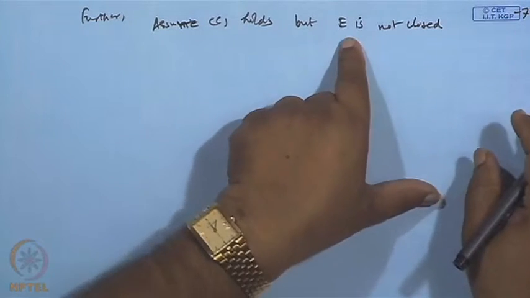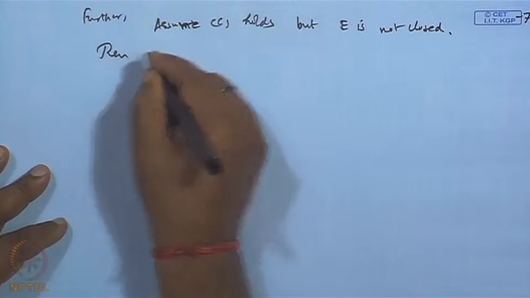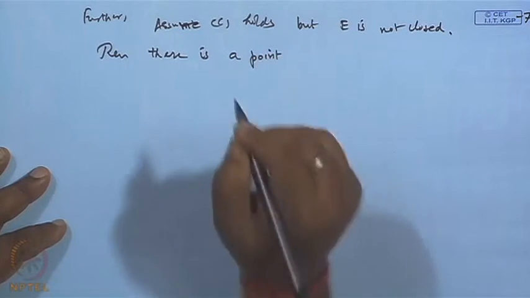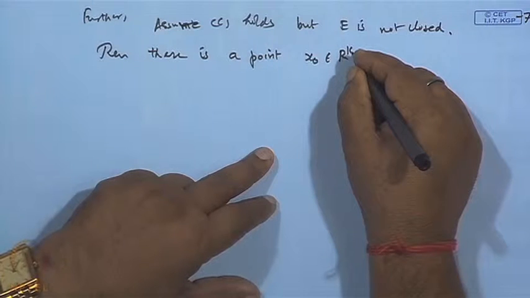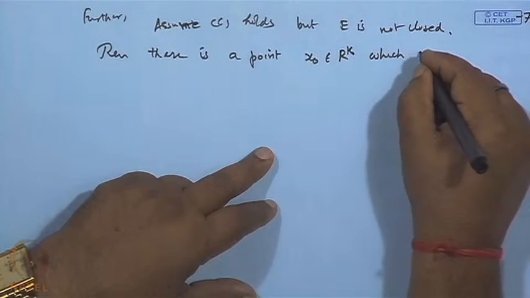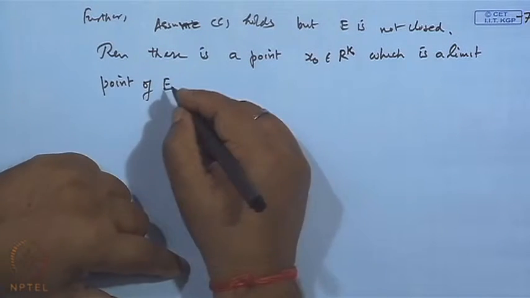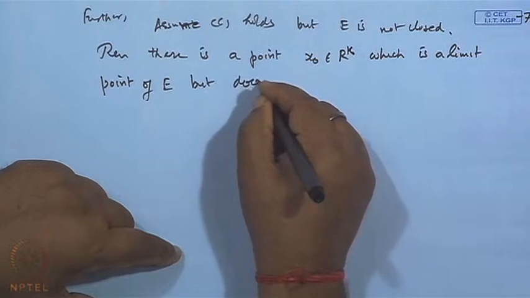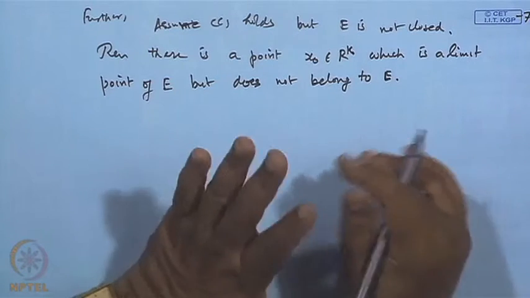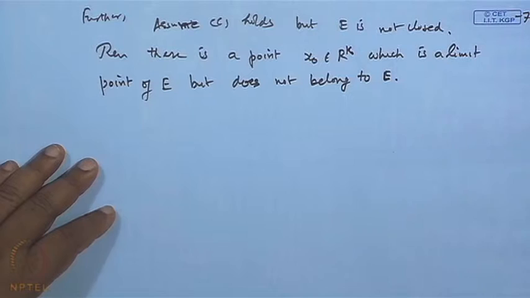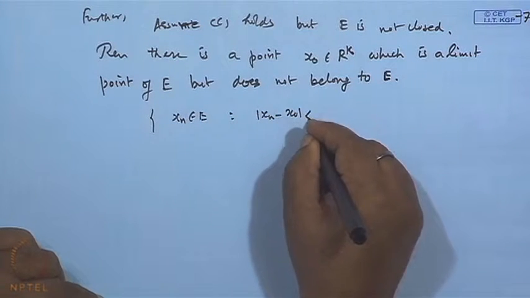It means all the limit points are not in E. So, thus we can get a point, suppose x naught belongs to R k, which is a limit point of E, but does not belong to E, because E is not closed. So, then we can get a sequence of points x n in E such that mod of x n minus x naught can be made less than, say, 1 by n.